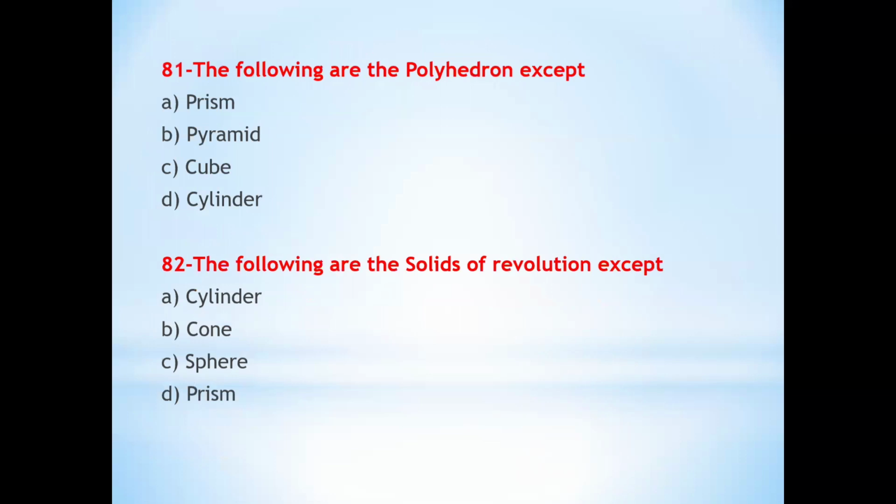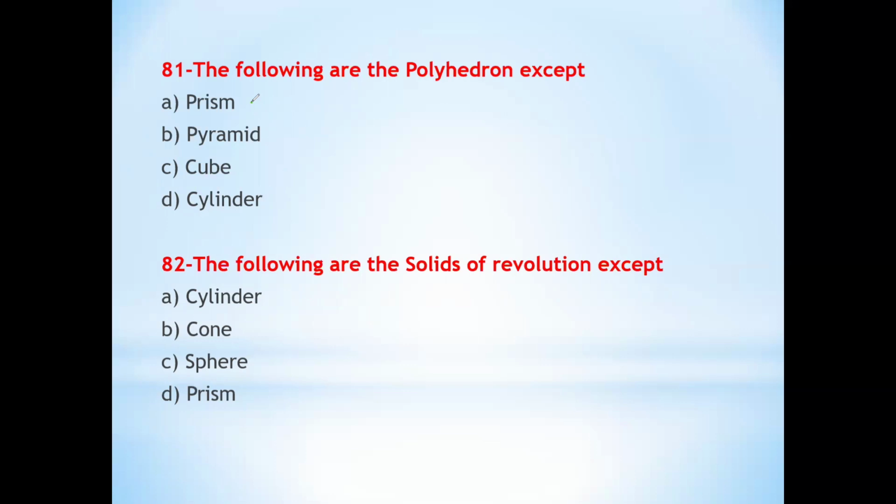Next one, 81. The following are the polyhedrons except. We know which are the polyhedrons and which are the solids of revolution, that we have already studied.